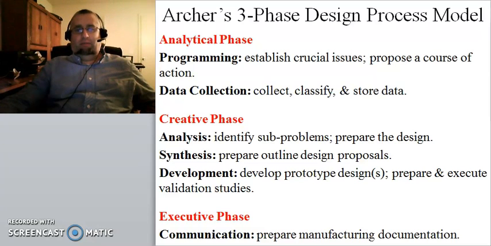Programming is where you establish the crucial issues and propose a course of action. Data collection is collecting, classifying, and storing data. So again, in an engineering design process, we would think of that as developing a set of customer needs, a customer needs statement, design constraints, and then trying to quantify all of those constraints and customer needs into some sort of numerical or quantitative or equation-based form.